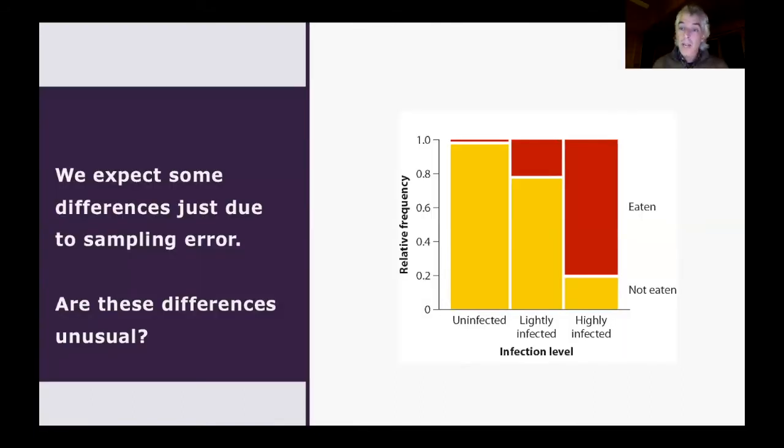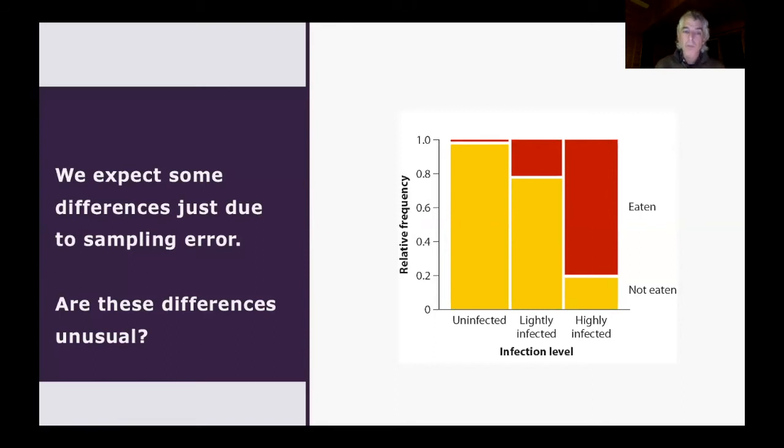Okay, so the mosaic plot suggests that perhaps there is an association between trematode infection and whether or not the fish are eaten, but we would naturally expect some differences to occur just by random sampling error.